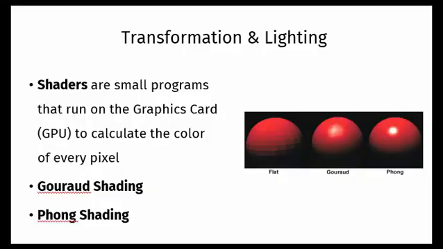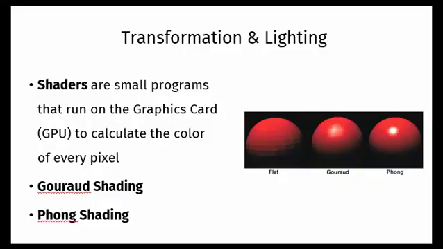So we have Gouraud shading. Gouraud shading calculates lighting at the vertices of the object, and then smoothly blends the colors across its surface. Phong shading goes a step further by calculating the lighting more smoothly across the surface, producing more realistic highlights and reflections. Look at the examples.